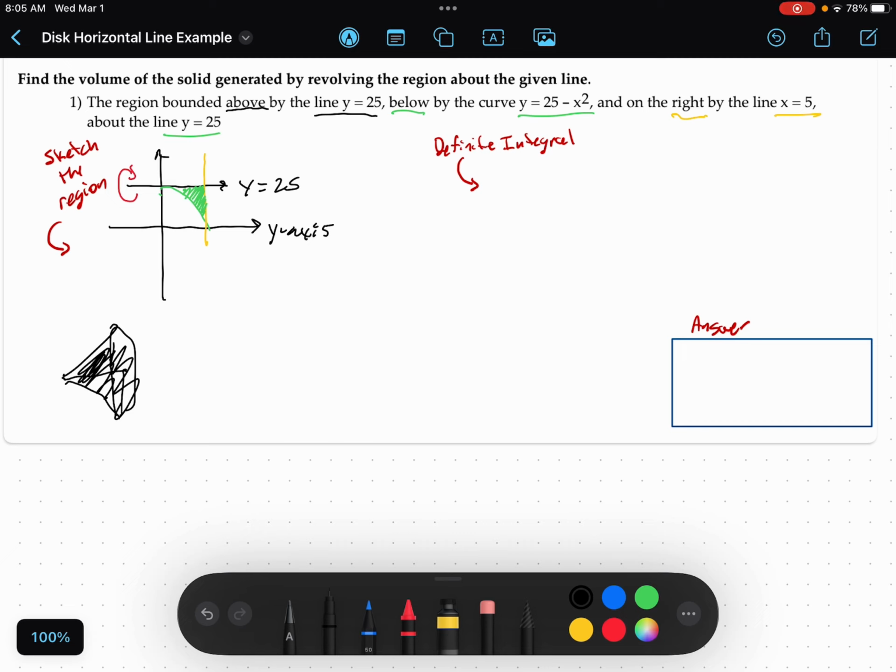The point is we're trying to find the volume of this thing, and I think you'll agree if we cut the solid open, we will get a cross-section of a circle. And so this is a perfect candidate for the disk method. So here's our deal with the disk method. We need a radius function r of x.